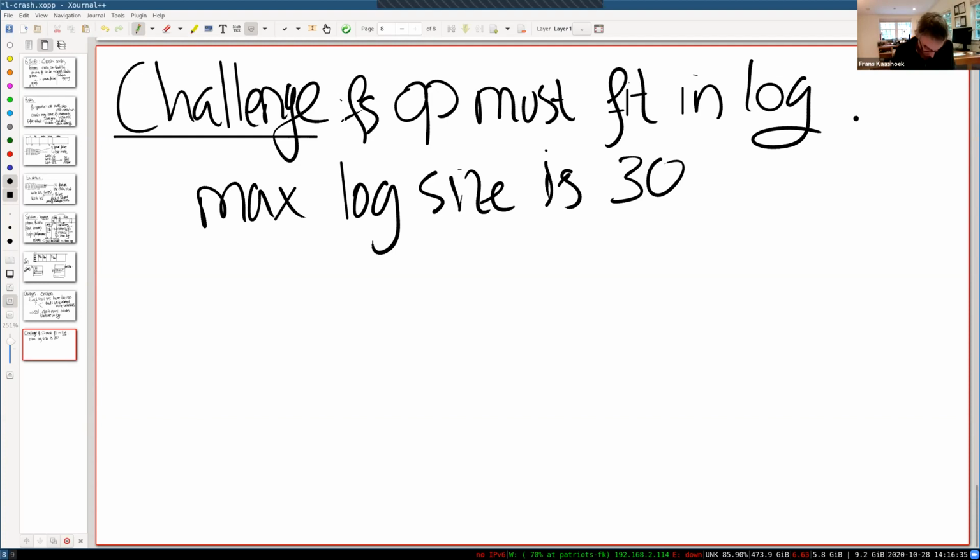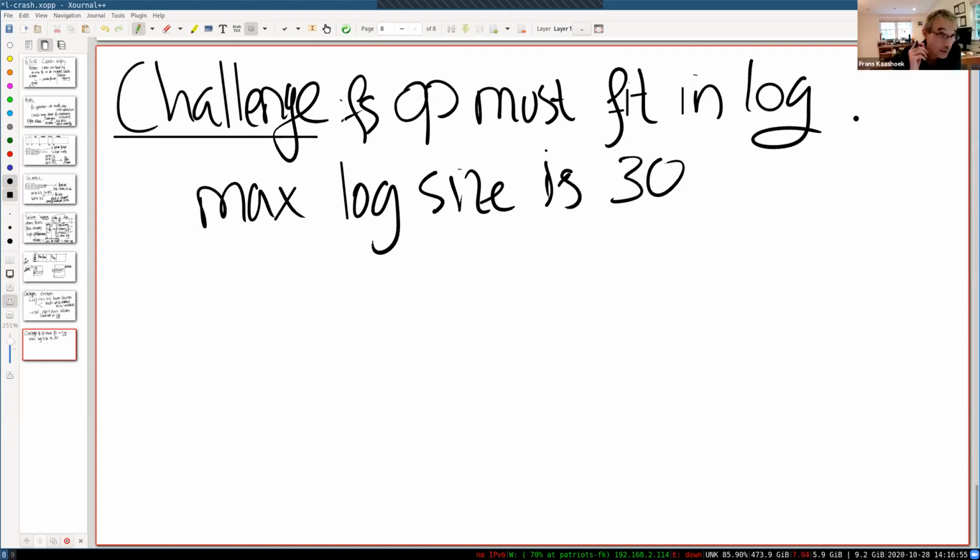And in fact, how do you think we got to 32 or 30? Does it have to do anything with how many blocks actually fit?